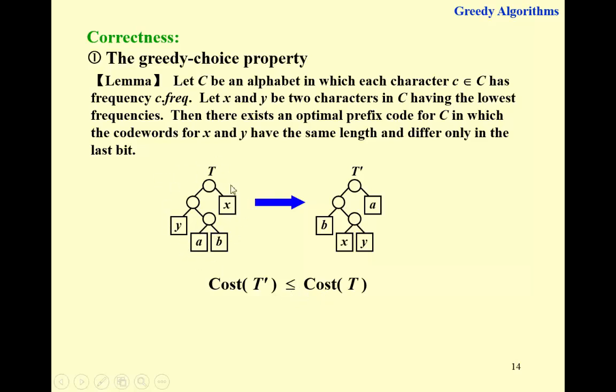And since this tree is an optimal solution, and therefore this one has to be another optimal solution. So when this lemma is proven, it means that we do have that greedy choice property. It means that there is at least one optimal solution that contains our greedy choice.